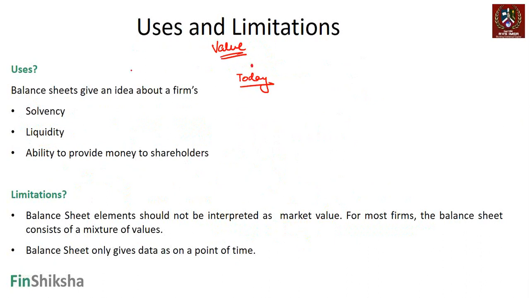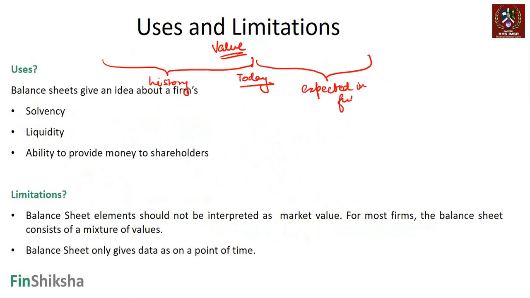The value of the company should be all that the company has done in the history and all that is expected in the future, right? That should be the total value of the company. So history plus future is the total expected value of the company. The stock of the company will trade at this value in the market. However, the book value is only the history component.